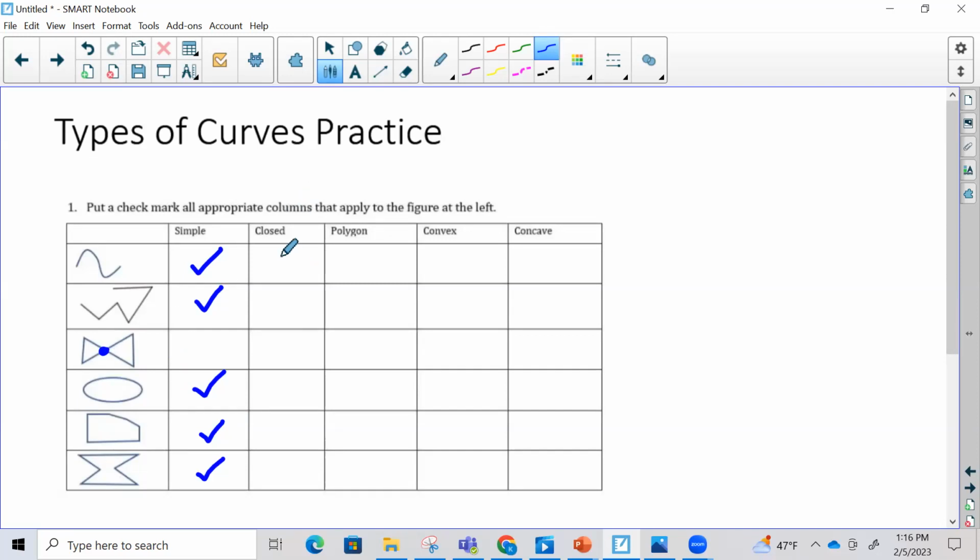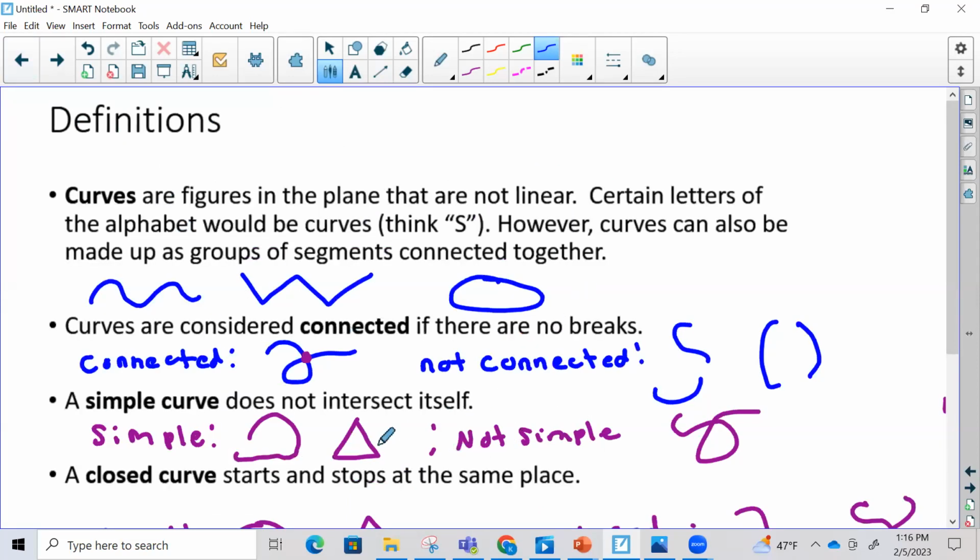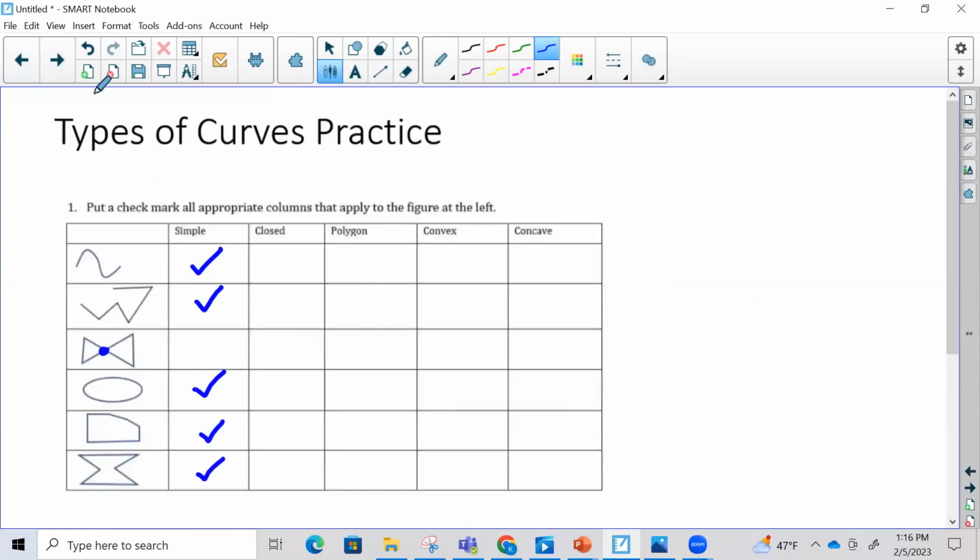Okay, so then the next column is a figure is closed. So if we go back, a closed curve starts and stops at the same place. Okay, so we're looking at this one starts here and stops here, so that is not closed.